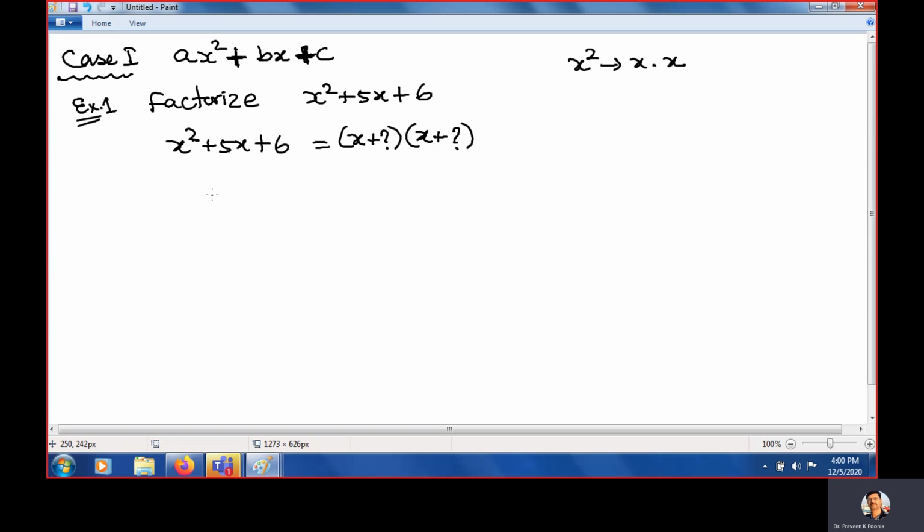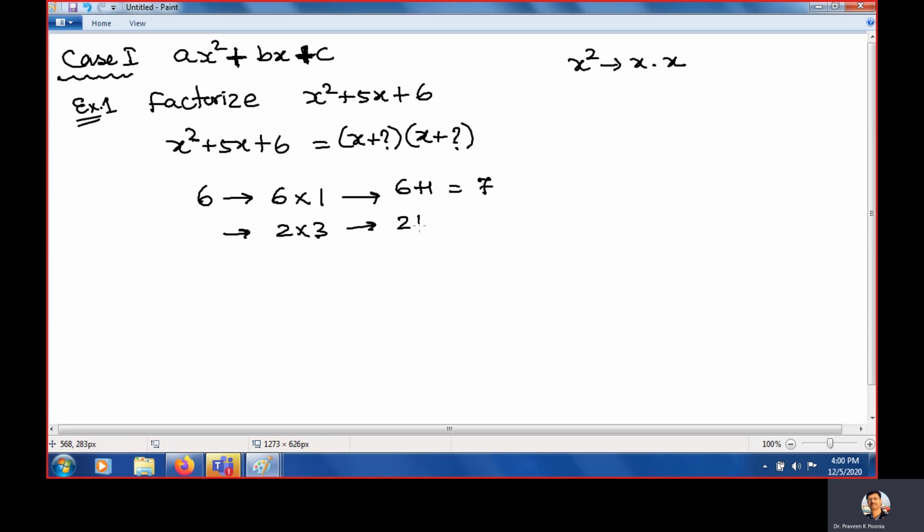Okay. Now first choose this number 6. First choose the number 6. Clear? And then try to find the factors of 6. There are two possible factors. First factor is 6 times 1 and another factor is 2 times 3. It may be 6 into 1 or 1 into 6, both are same. 2 by 3 or 3 by 2, both are same. Okay. Now find the sum. Plus 6 plus 1, it is 7.